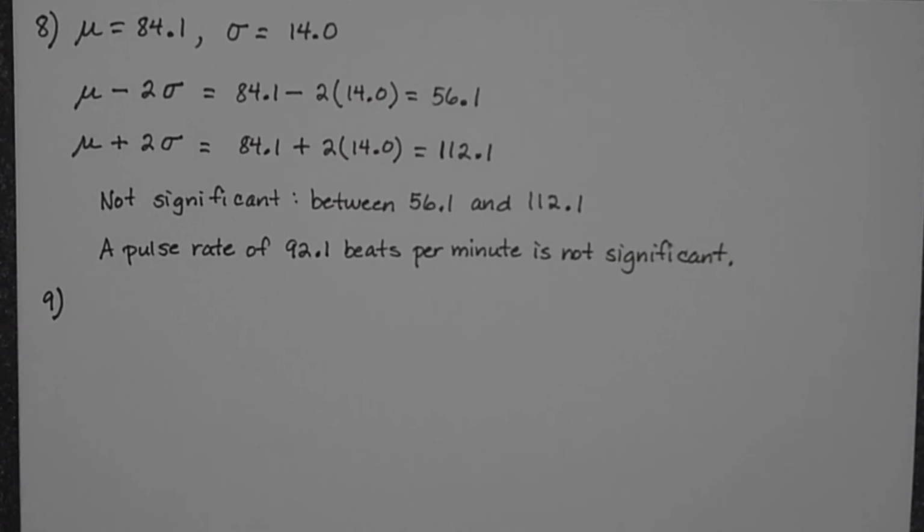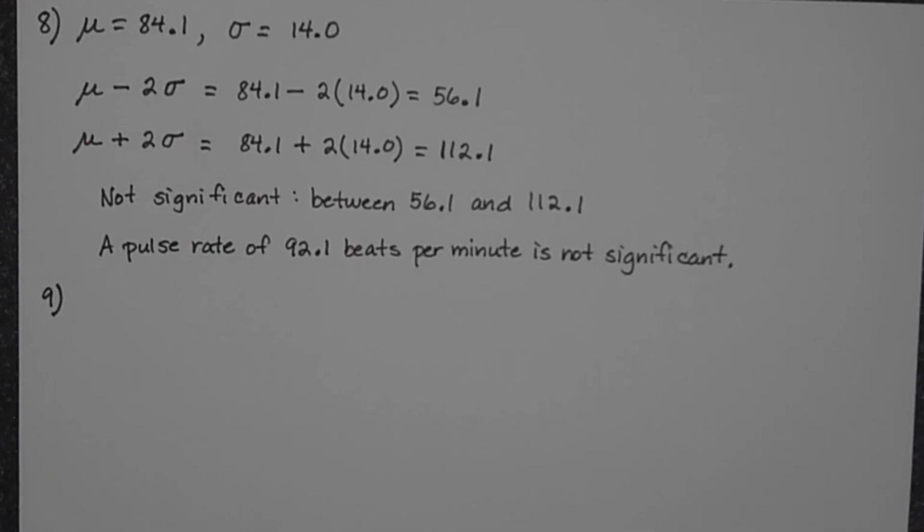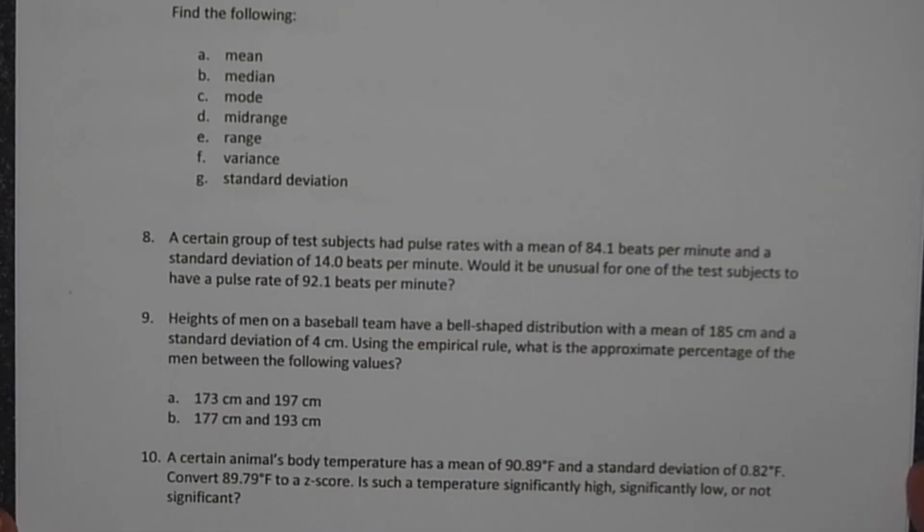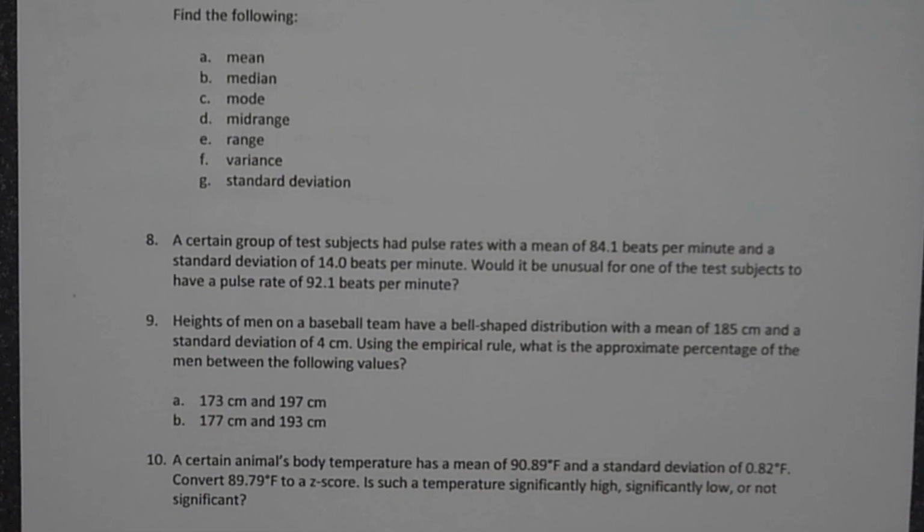All right, problem number 9. This deals with the empirical rule or the normal curve. It says that heights of men on a baseball team have a bell-shaped distribution with a mean of 185 centimeters and a standard deviation of 4 centimeters.